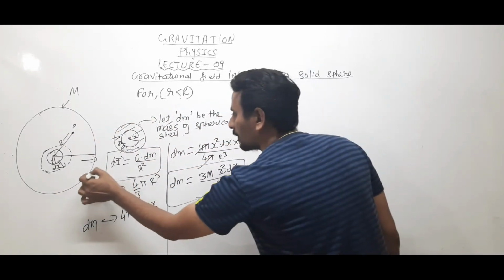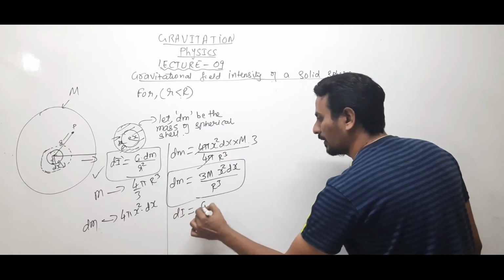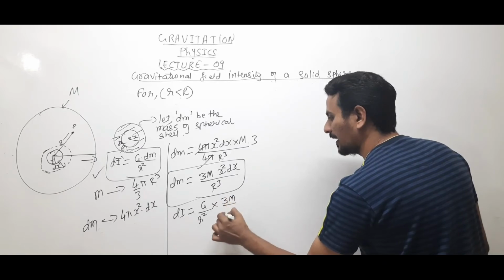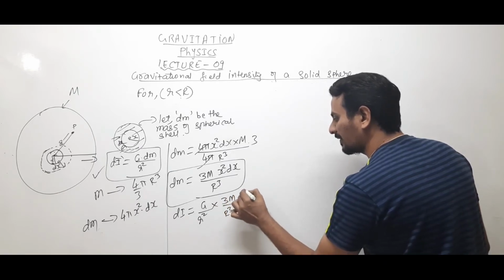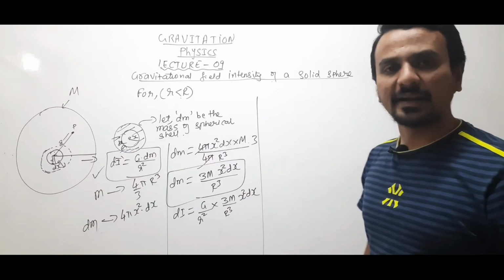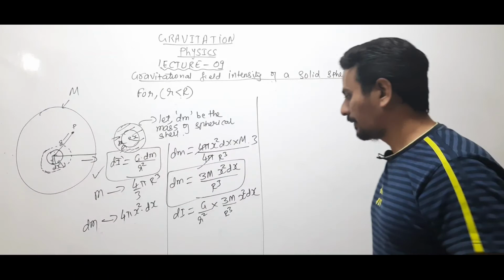So what will be the intensity? Substituting in this equation, dI equals G upon r square into dm, so it is 3GM by R cube into x square dx. But we need to calculate the intensity at a point P at distance r, so we will have to integrate.